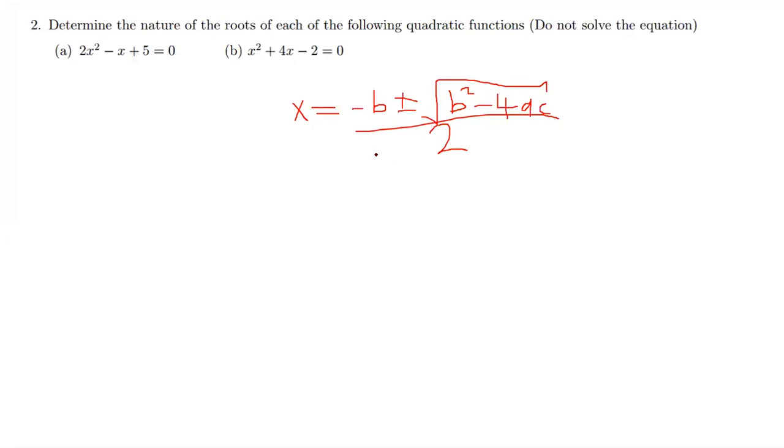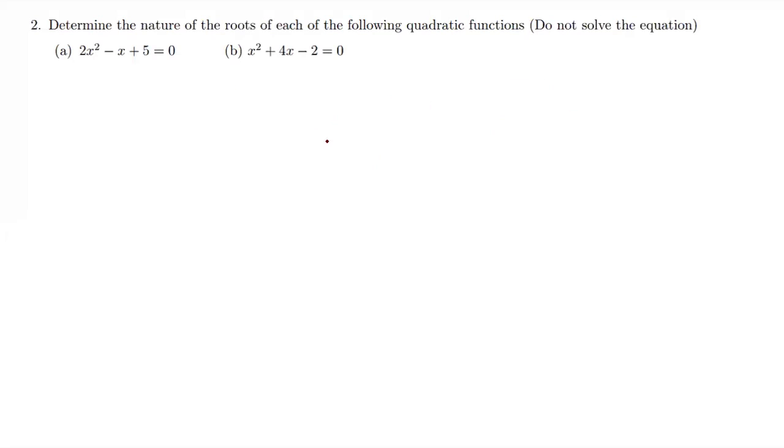Okay. So the discriminant is simply just b squared minus 4ac, which is under the square root.